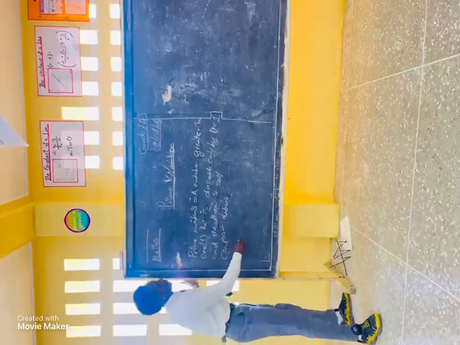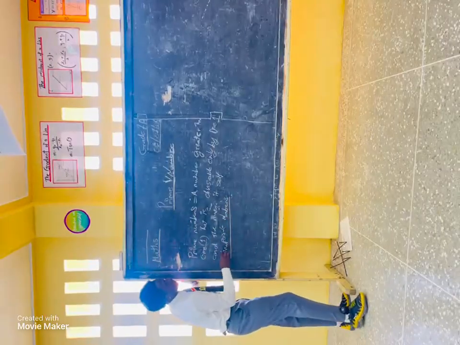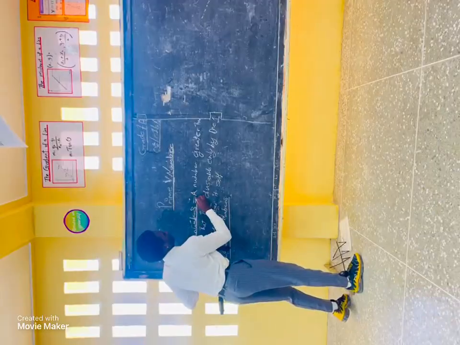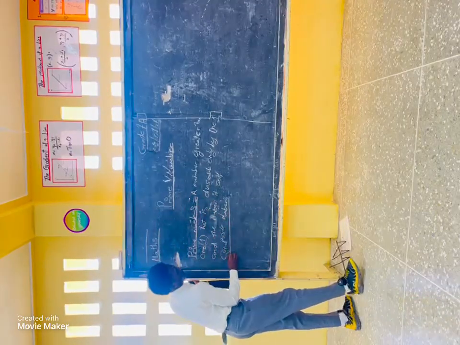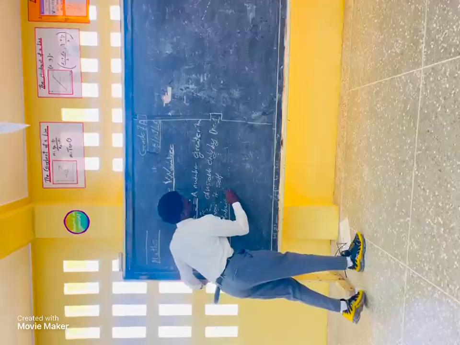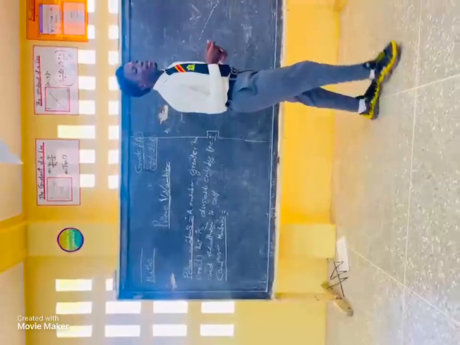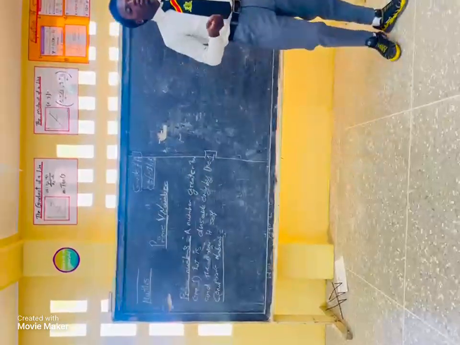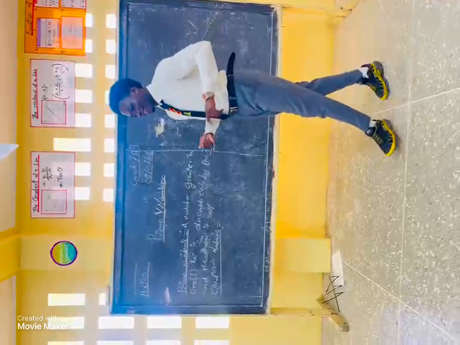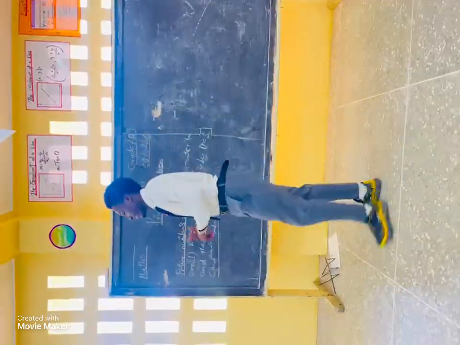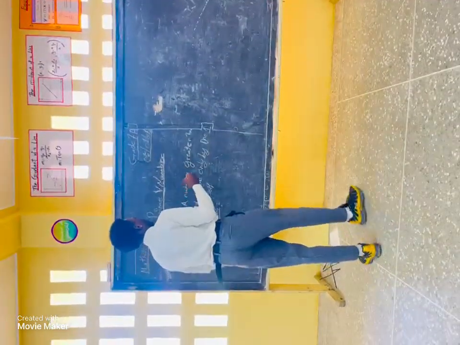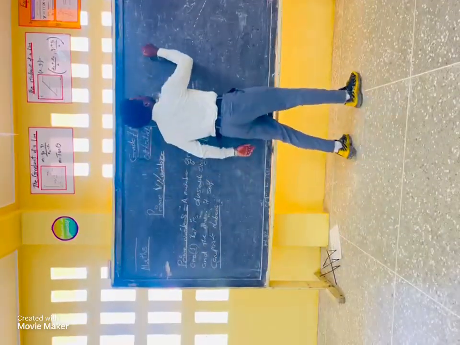Now that we got that definition done, we'll look at composite numbers. A composite number is any number that has more than 2 factors. So, for example, we'll have 12.